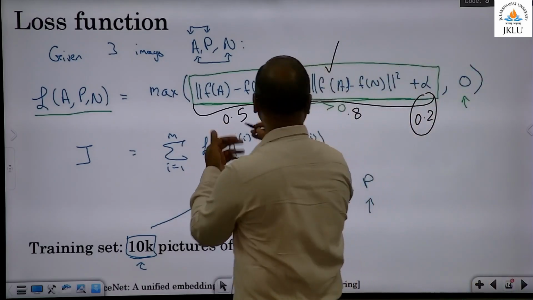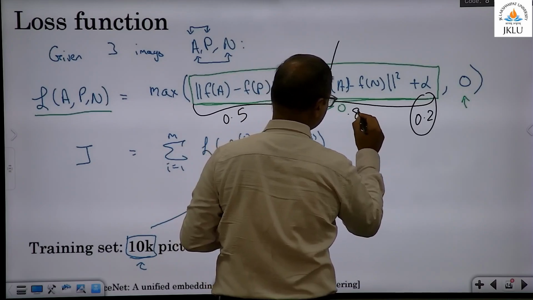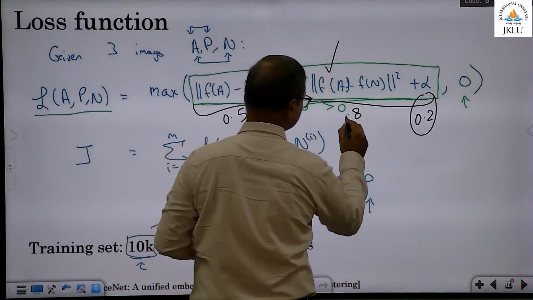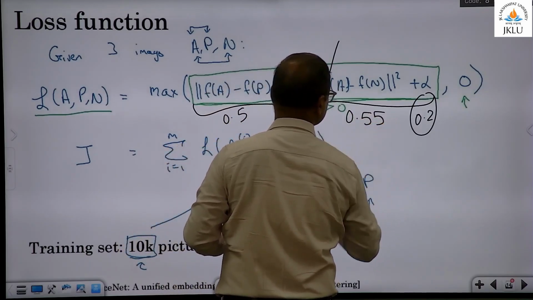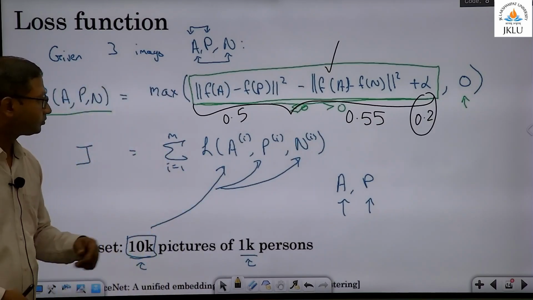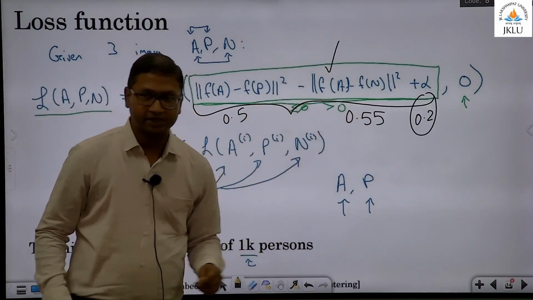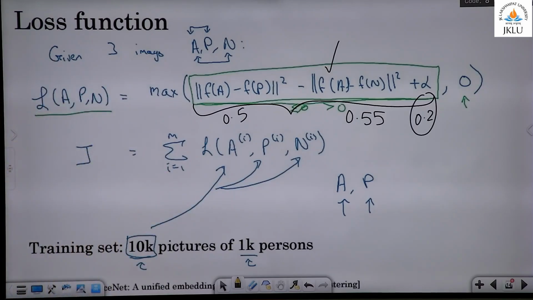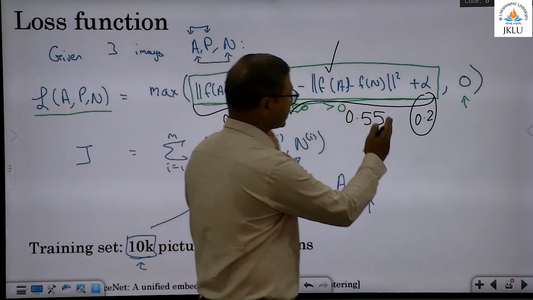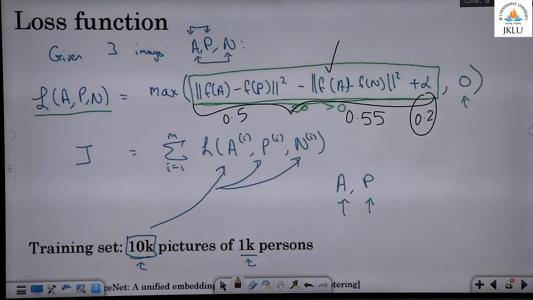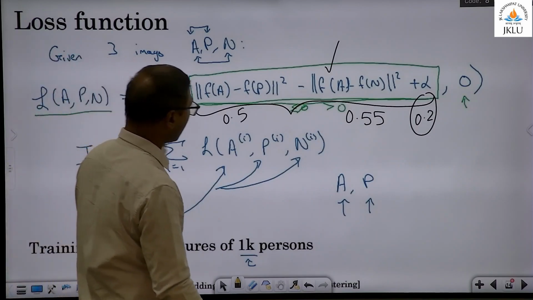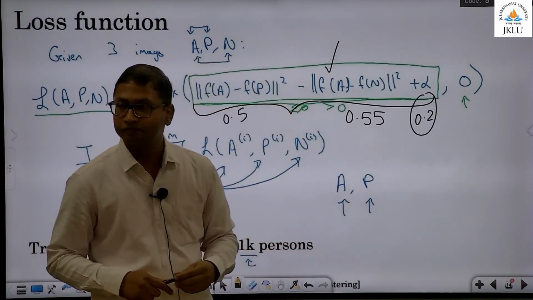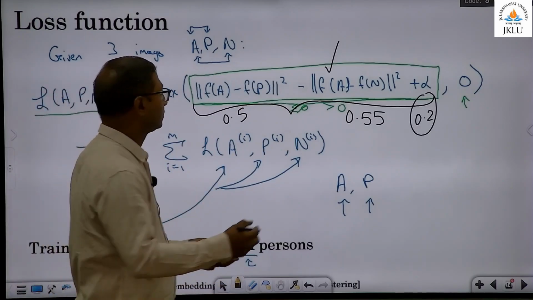So I am already doing good on this particular example. Other way around, if I have 0.5 and let's say 0.55, in that case 0.5 minus 0.55 gives me minus 0.05. Minus 0.05 is not good enough as separation. I required at least minus 0.2. So I need to improve this separation, and hence in this case my loss for this example would be non-zero.